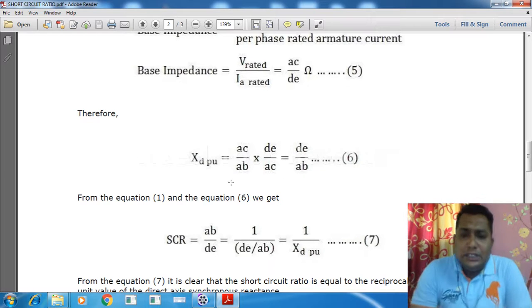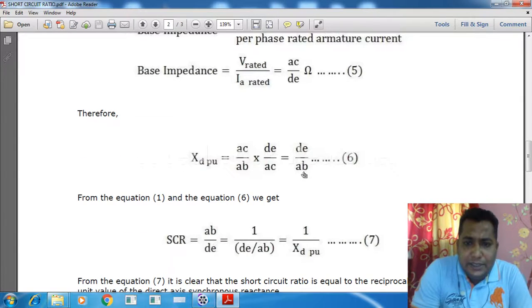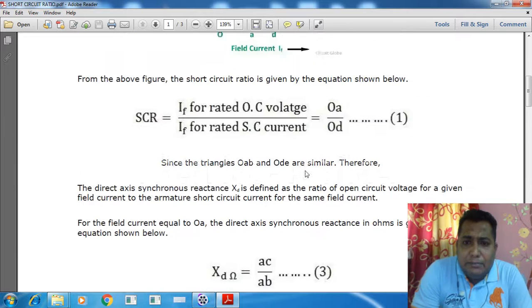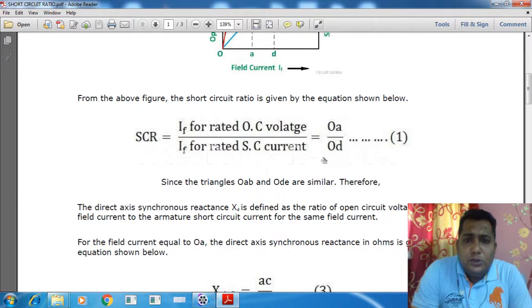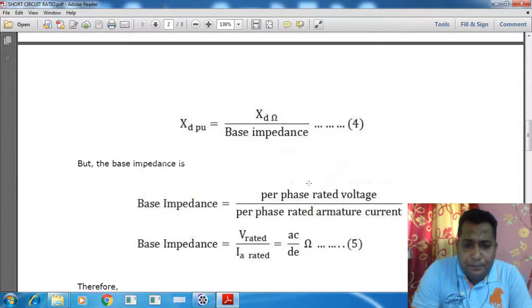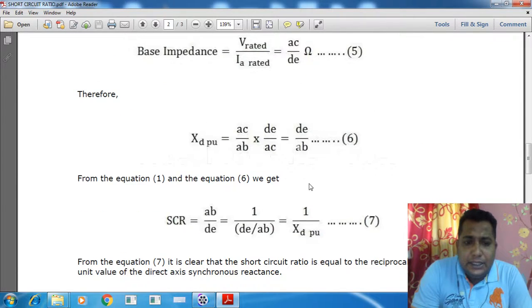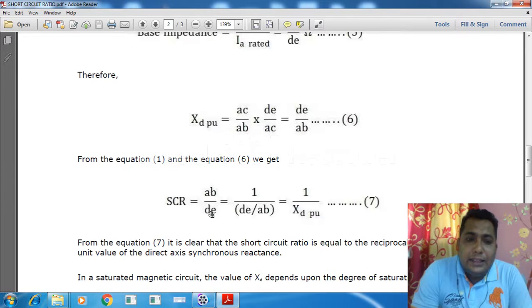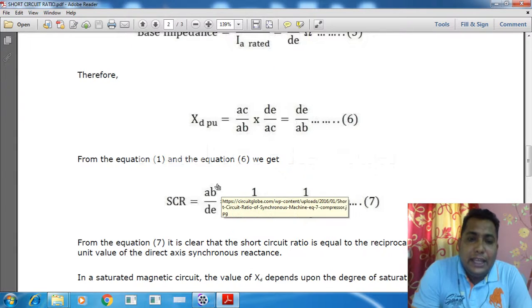So now this is the equation number 6, as you can see, and there is the equation number 1, where we have the OA by OD. So let us see what is there. Then this per unit reactance is given by DE by AB, and this SCR is given by AB by DE.